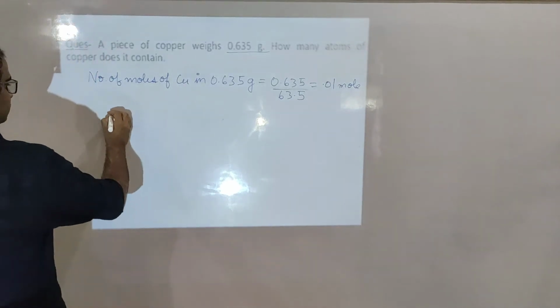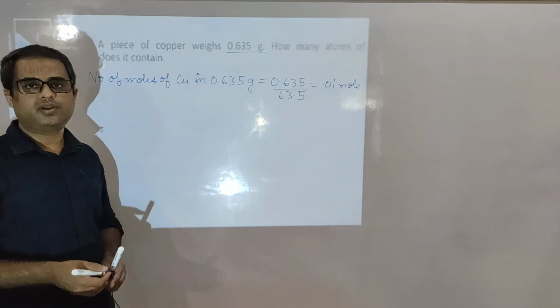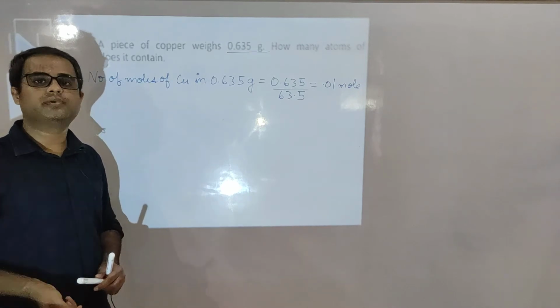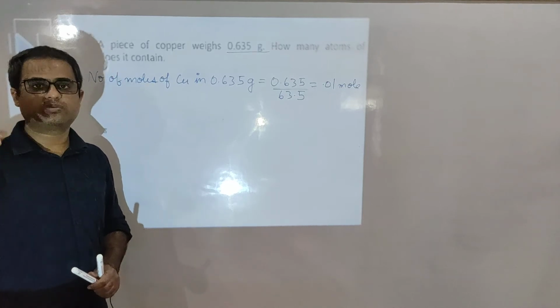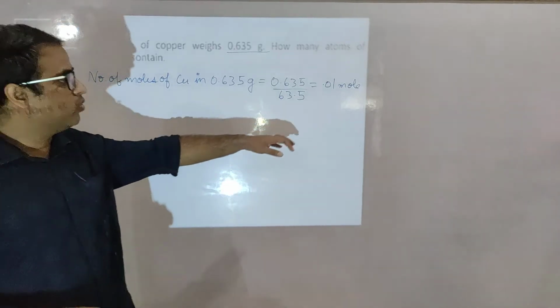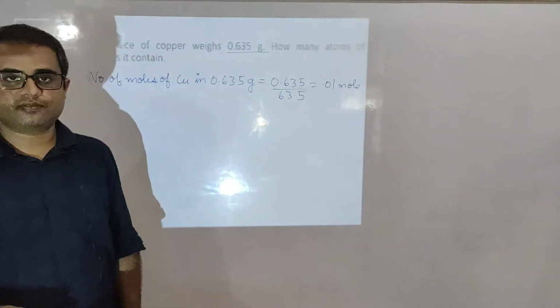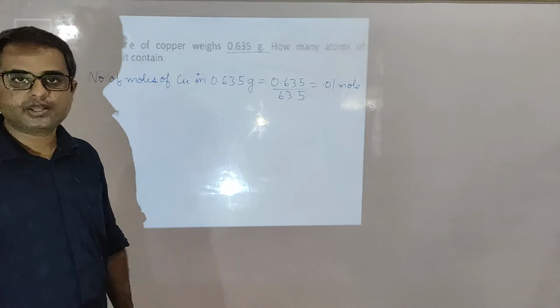Now after calculating the number of moles, directly calculate the number of atoms. We know that in 1 mole of copper there will be Avogadro number of atoms, that is 6.023 into 10 to the power 23. Then in 0.01 mole, how many atoms will there be? That will be 0.01 into 6.023 into 10 to the power 23.